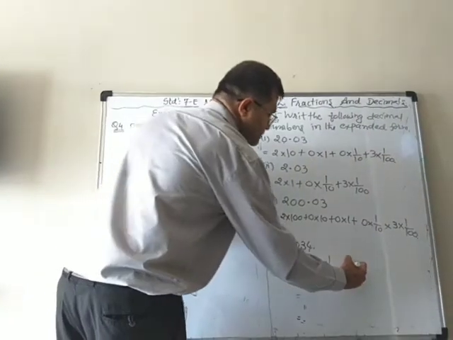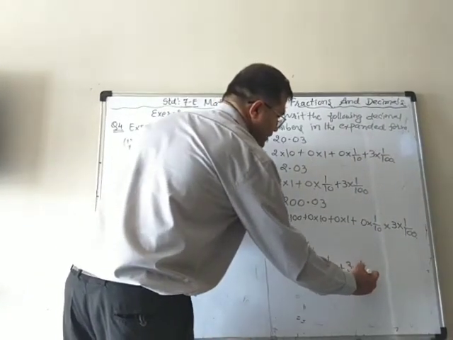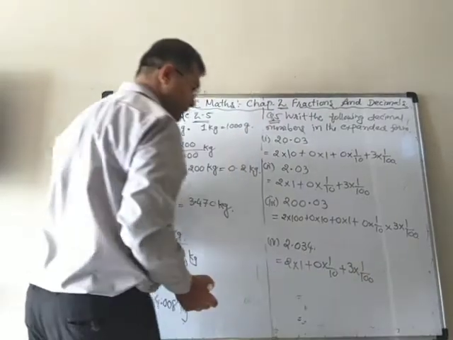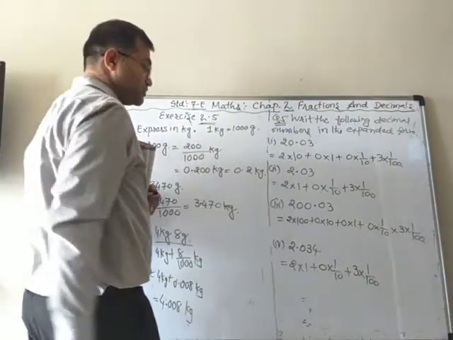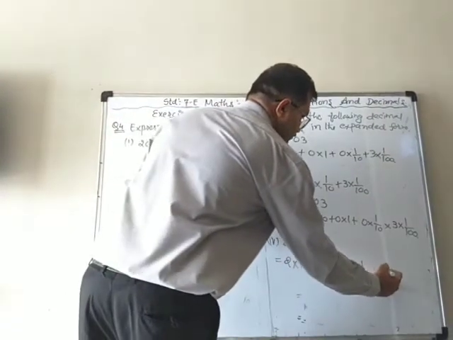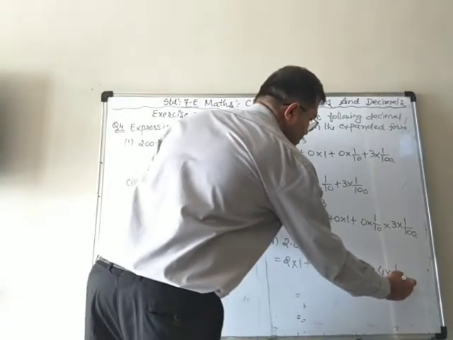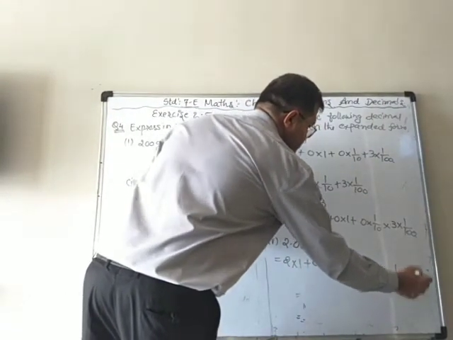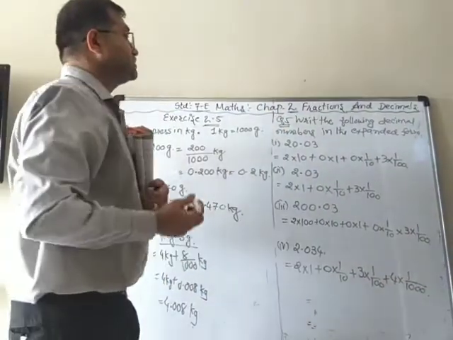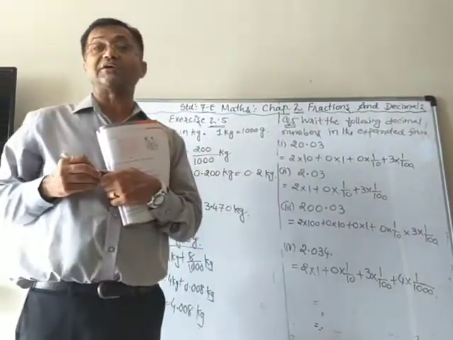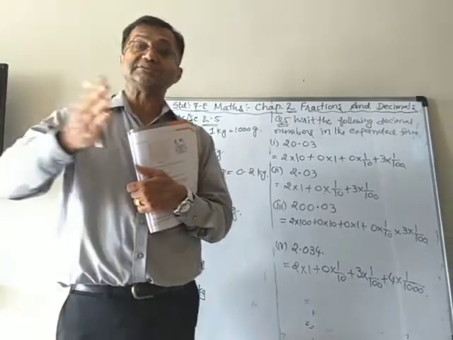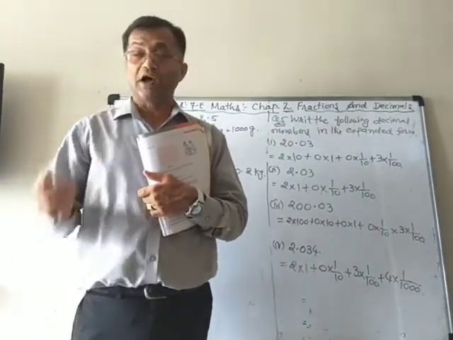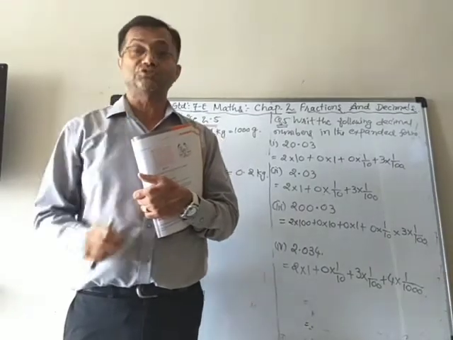Next is 3, 3 multiplied by 1 upon 100. And the last is the thousandths place, so plus 4 multiplied by 1 upon 1000. So that is the expanded form. Expanded form means we have to separate the digits along with their place value.